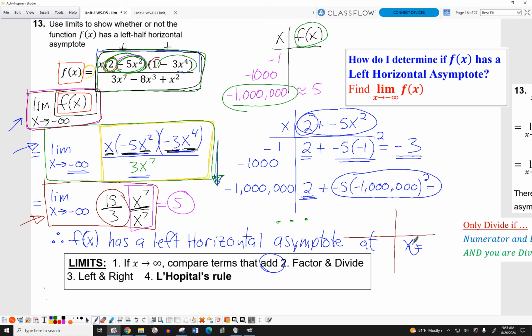There's a horizontal asymptote of y equals 5.